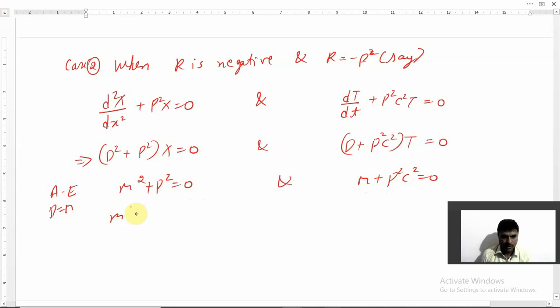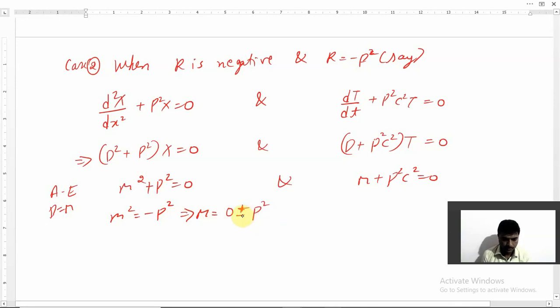Yes, m is now going to become minus p square, and if we take the root, it is going to become an imaginary root. That implies m is equal to 0 plus or minus p. Plus or minus, we will take here p square only, so let us not remove the square root from this.